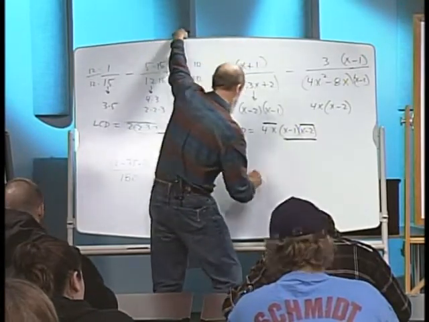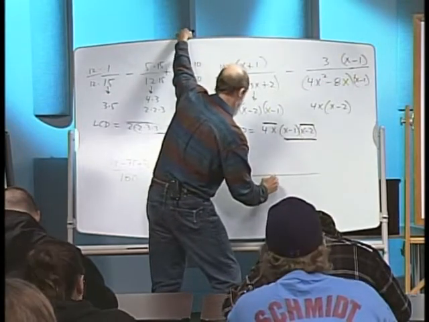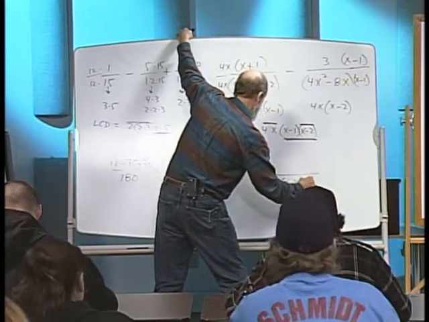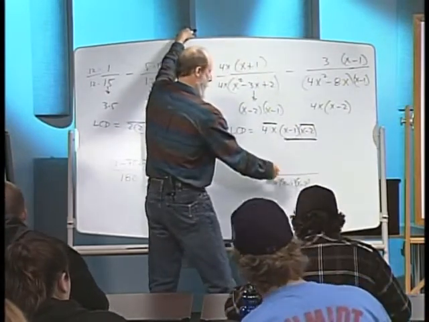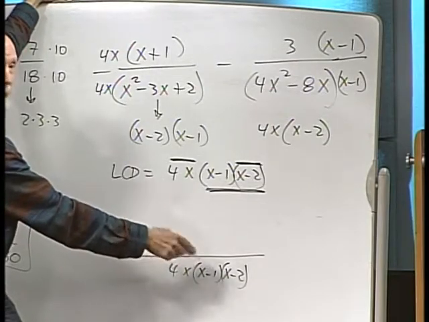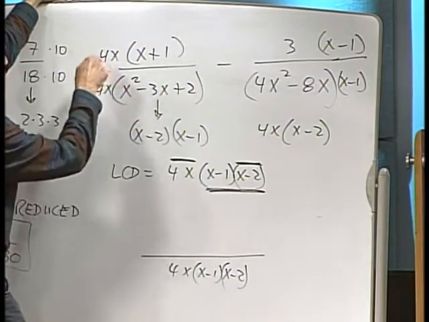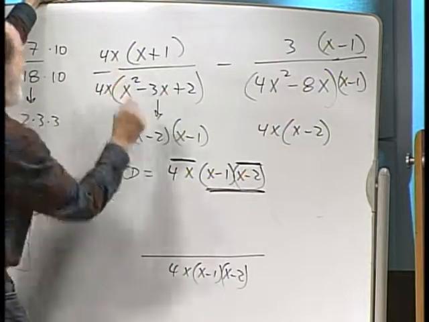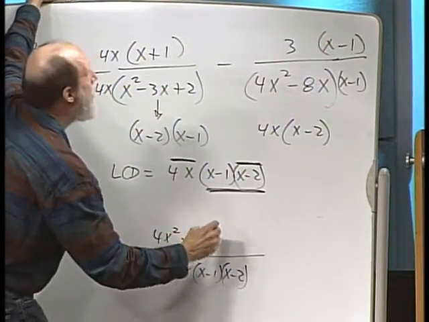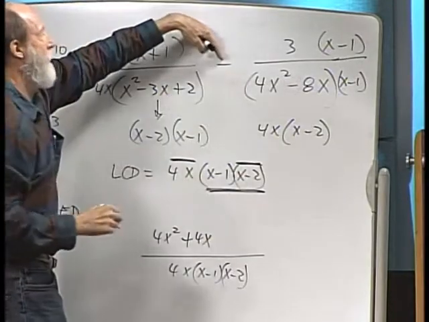So we now can build our single fraction with our 4 times x minus 1 times x minus 2 common denominator, which is in factored form. I could multiply it out to create a mess, but I'm just going to leave it factored. And up top in my numerator, I see a 4x squared plus 4x, and over here, be careful of this negative, folks.